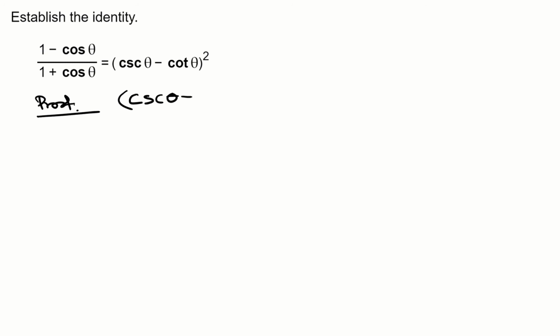Cosecant of theta minus cotangent of theta squared. So I'm going to go ahead and use this identity from algebra for the square of a difference. We know that it's the first squared minus 2 times the first times the last plus the last squared.